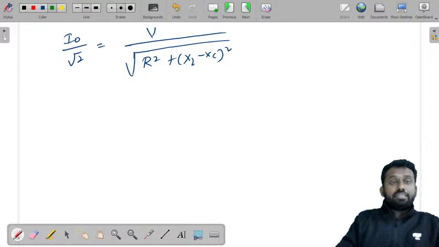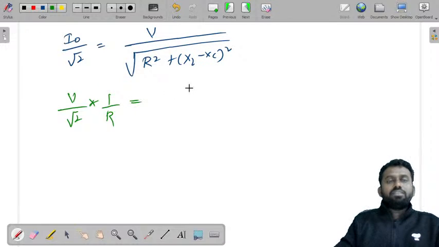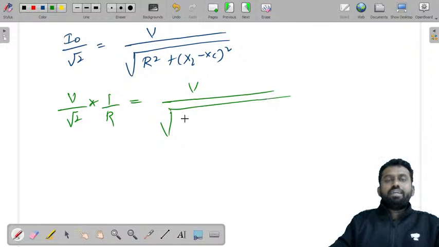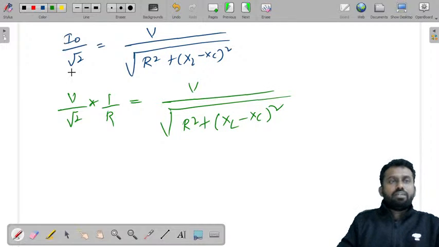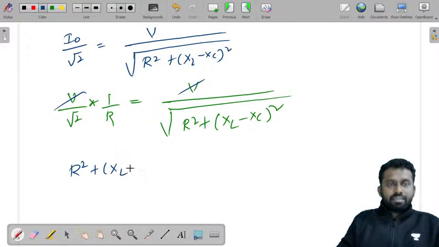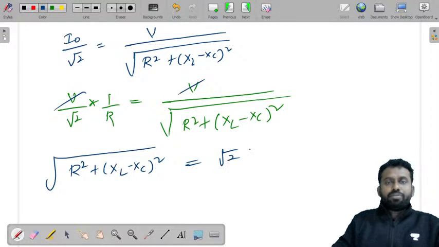But you know I naught is equal to V by R, the current at resonance. So V by root 2 into 1 by R is equal to V by under root of R square plus (XL minus XC) whole square. You can cancel these terms and write root over R square plus (XL minus XC) whole square is equal to root 2 into R.